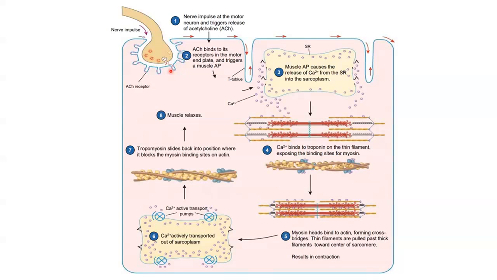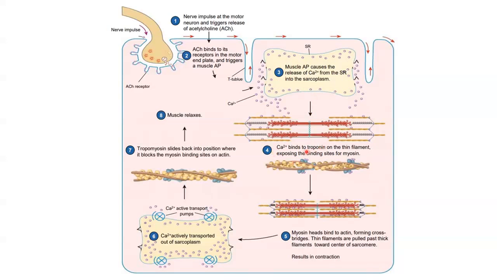The binding of that acetylcholine to the receptors on the sarcolemma causes an influx of sodium to come into the muscle. That causes an action potential to run along the sarcolemma and down the T tubules. The action potential causes the release of calcium from the sarcoplasmic reticulum and the terminal cisternae into the sarcoplasm.